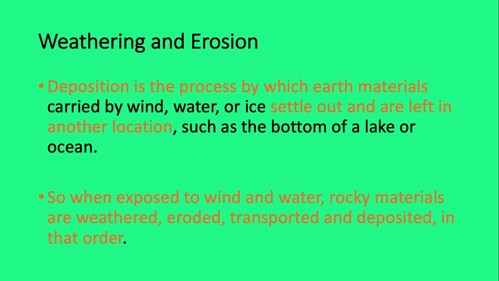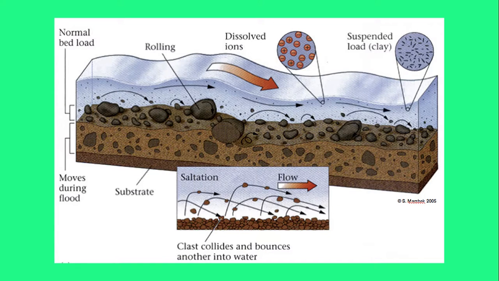So, when exposed to wind and water, rocky materials are weathered, eroded, transported, and deposited in that order. Here's a picture of a stream moving some sediments along. Some of it's dissolved, some of it's not.